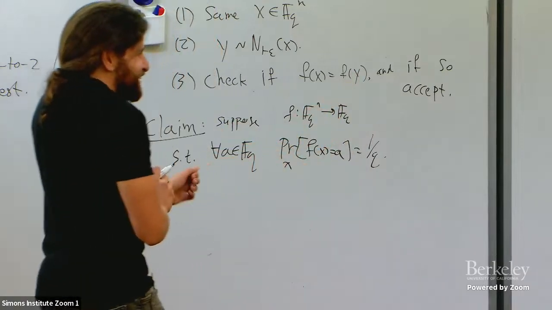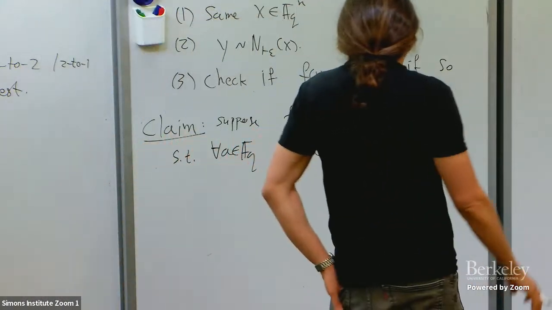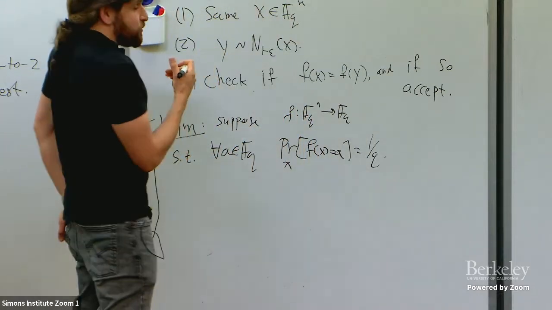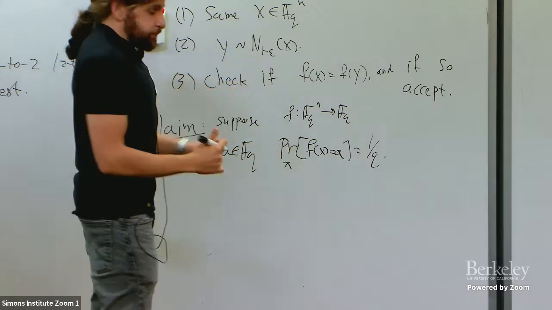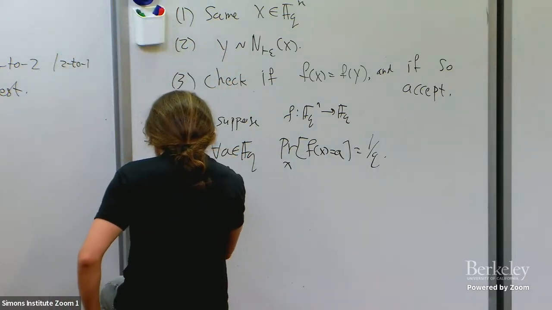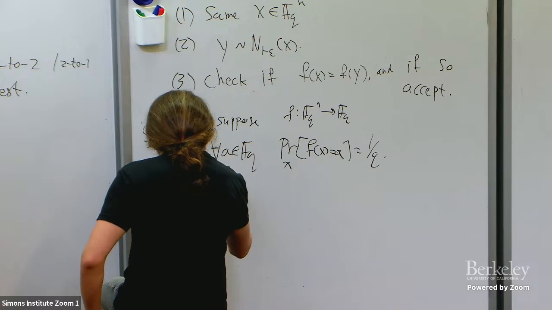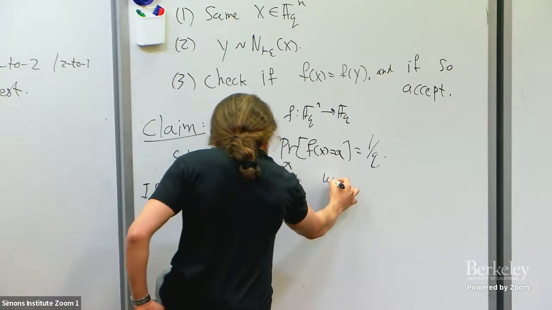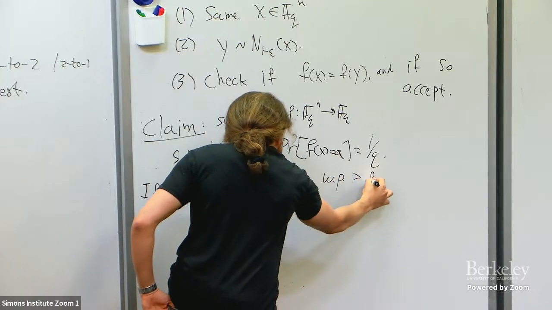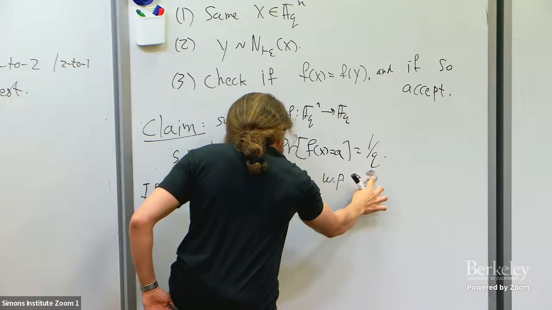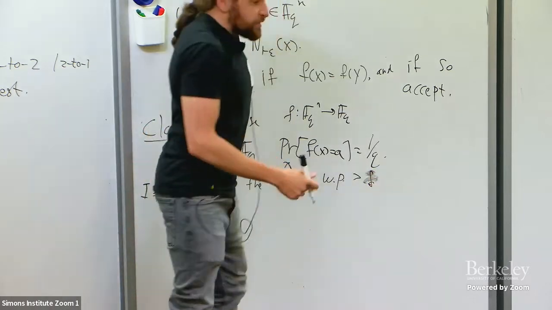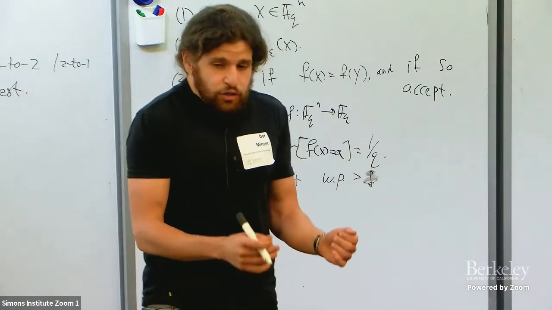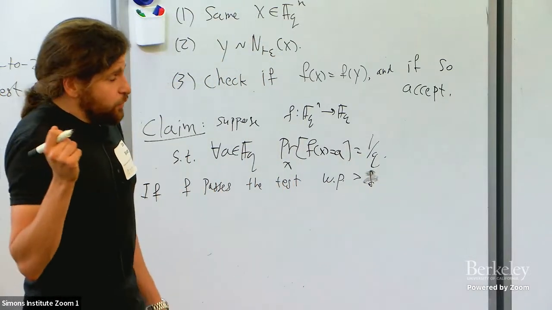So suppose we have such a function, then if this function passes the test with noticeable probability, delta, you should think of delta as something small, but much larger than 1 over q, like, I don't know, 1 over q to the 0.1 or something.